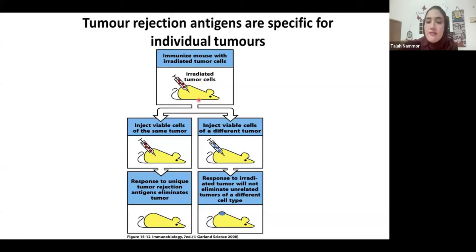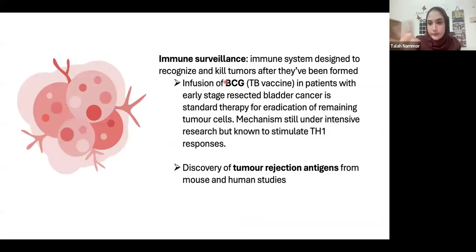But that doesn't mean every type of tumor cell can be fought by our body. If it's the same thing and the body was able to get over it, then it's going to be able to kill it again. But it's a different tumor, so it needed different antigens, and it couldn't eliminate it because it's a different cell type. So the bottom line is that tumor rejection antigens are specific for the tumor, so each tumor has specific antigens against it. Which makes sense.